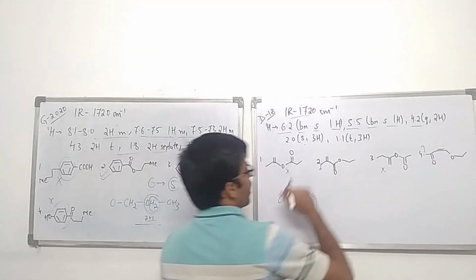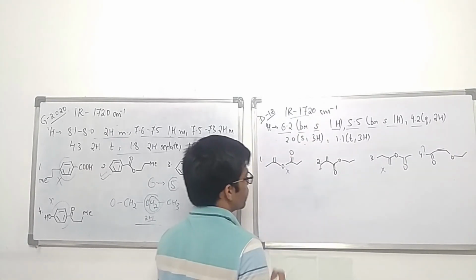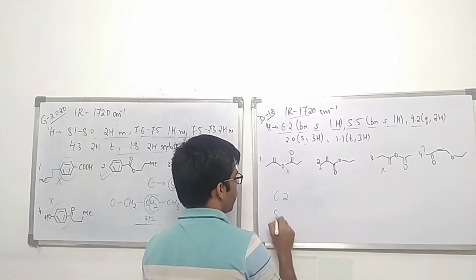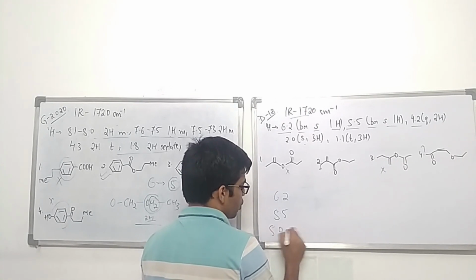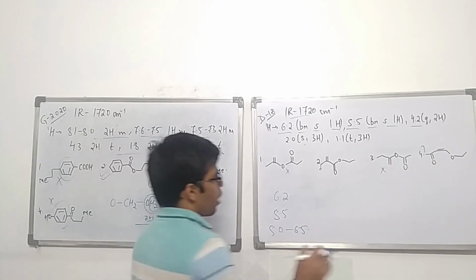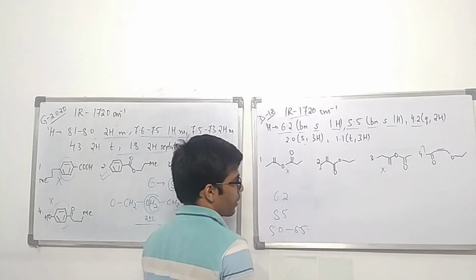Okay. Now look at the data for the olefinic hydrogens. Now olefinic hydrogens have 6.2 and 5.5. Now the range is 5.0 to 6.5 for olefinic hydrogens. Now in this case what is possible is that you have to look at the electronic effects.